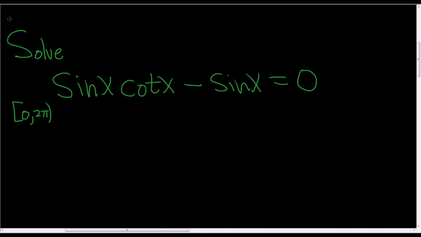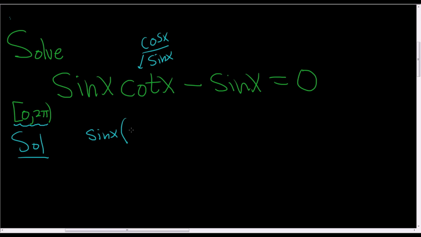Solve sine x times the cotangent of x minus sine x equals 0. So we're trying to solve this trigonometric equation over this interval here, 0 to pi. Solution. You'll notice something, that cotangent is really cosine over sine. So let's rewrite this as sine x times cosine over sine, and then here we still have the sine function, and this is equal to 0.